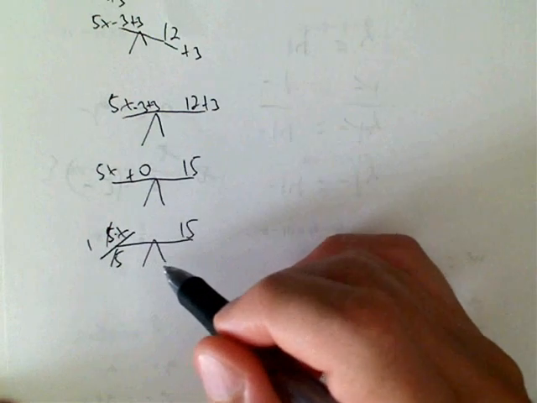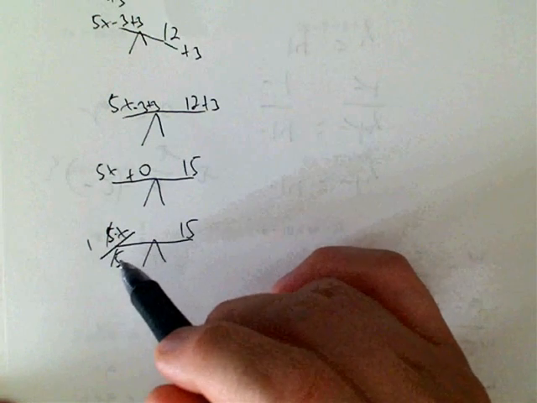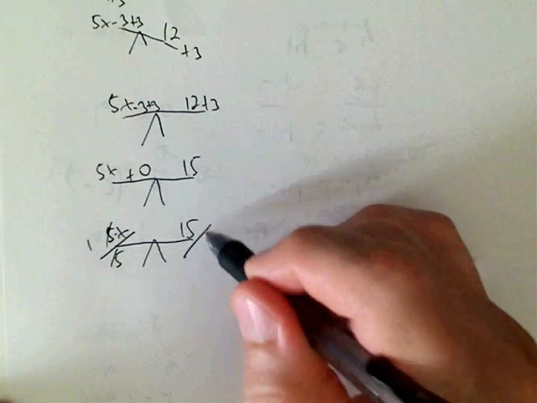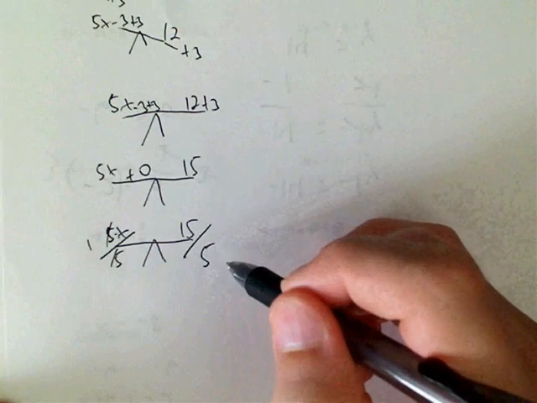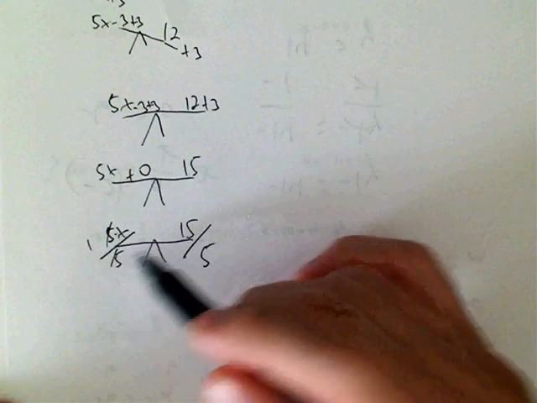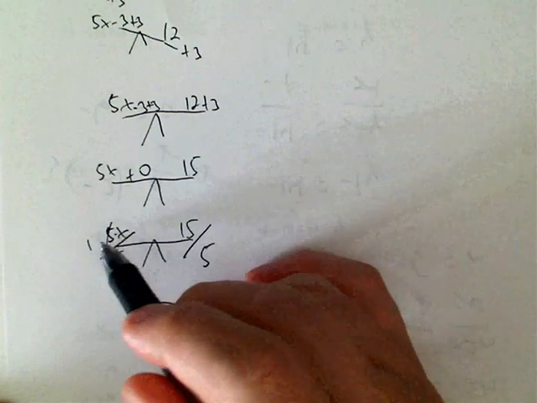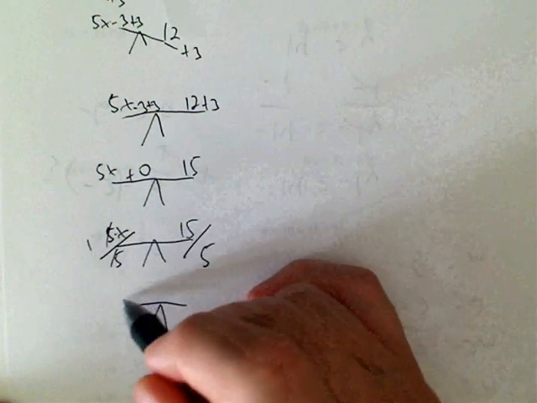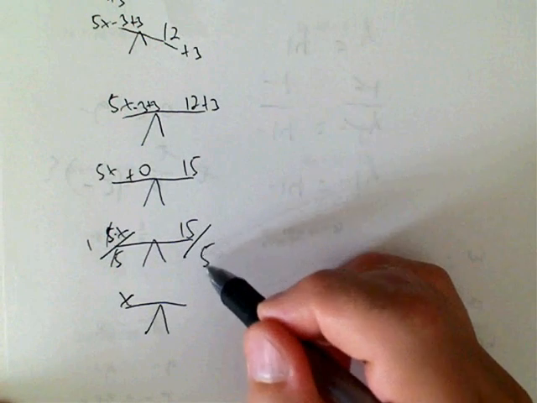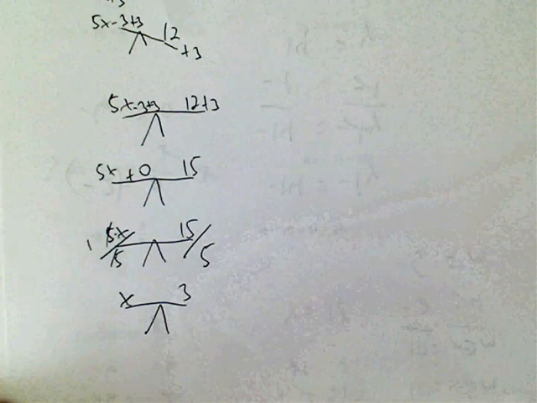But you must remember this. Well, what you do to one side of the teeter-totter, you gotta do to the other to keep it balanced. So if we divide one side by 5, we gotta divide the other side by 5. What happens is, you end up with the 1 times the x, which is the same thing as x. And over here we have 15 divided by 5, which is 3.